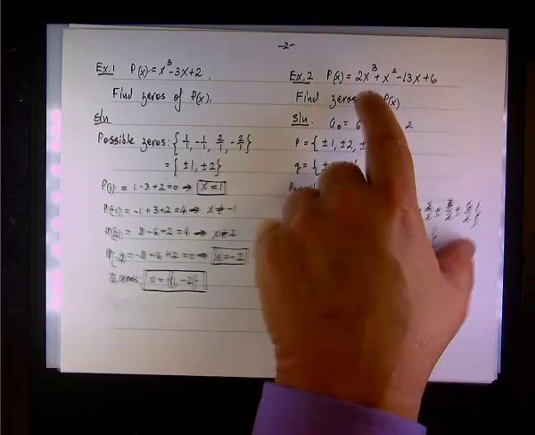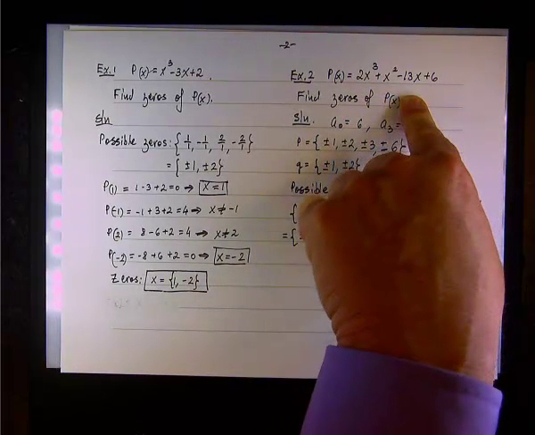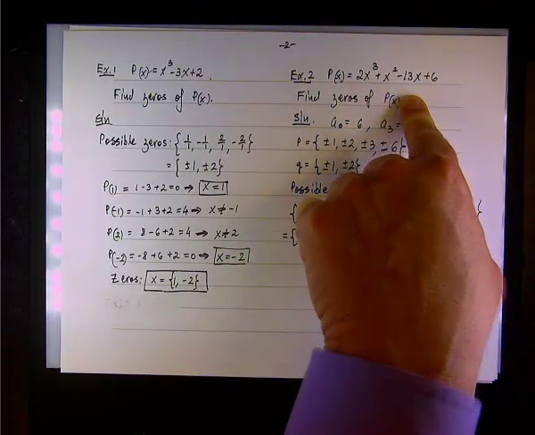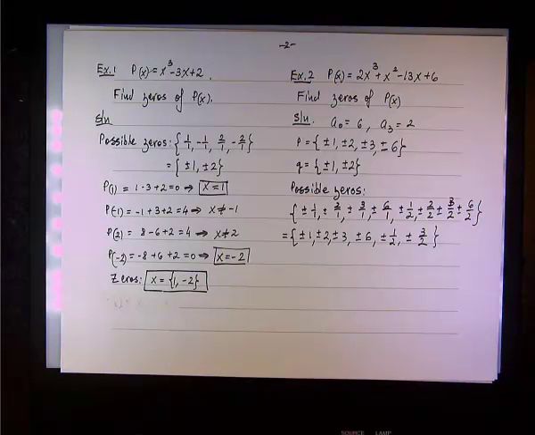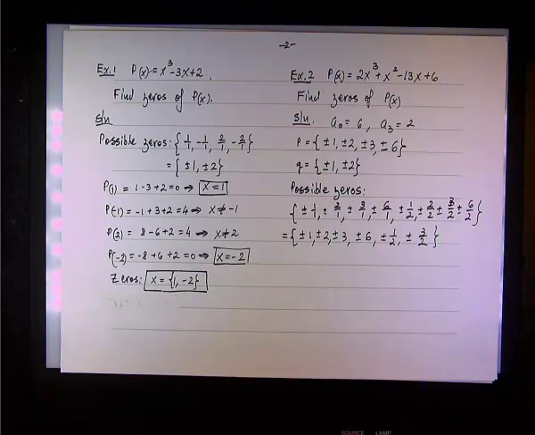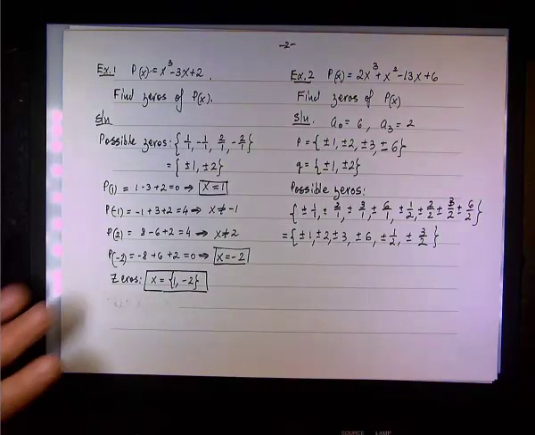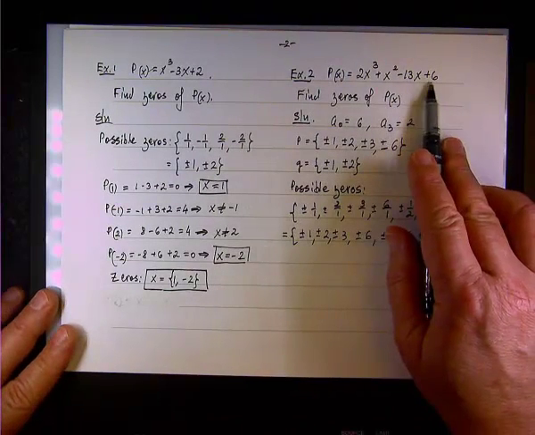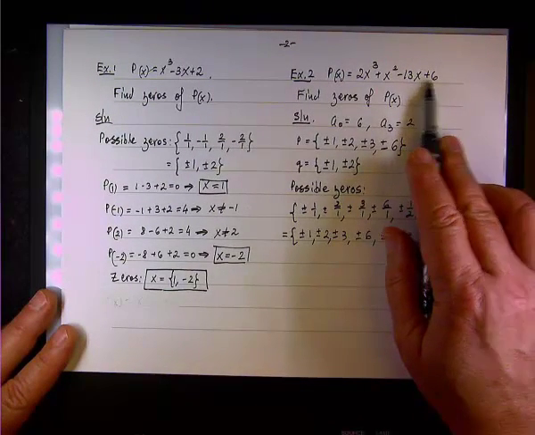Okay, but here's the thing. The reality is we need 1 zero. If we find 1 zero, then we'll perform either long division or synthetic division, and the cubic becomes quadratic, and we know how to factor quadratic. So with all these 12 possible zeros, all we need is to hang on to 1. Find 1 and proceed.